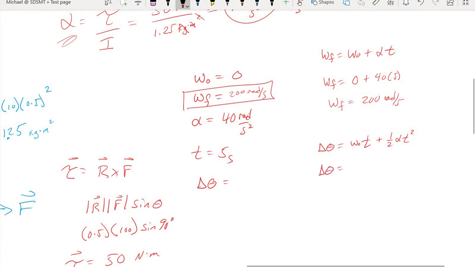And we'll plug in our values for this. 0 for the initial velocity times 5 is still 0, plus half of 40 times 5 squared. And this is coming out to be 500 radians.